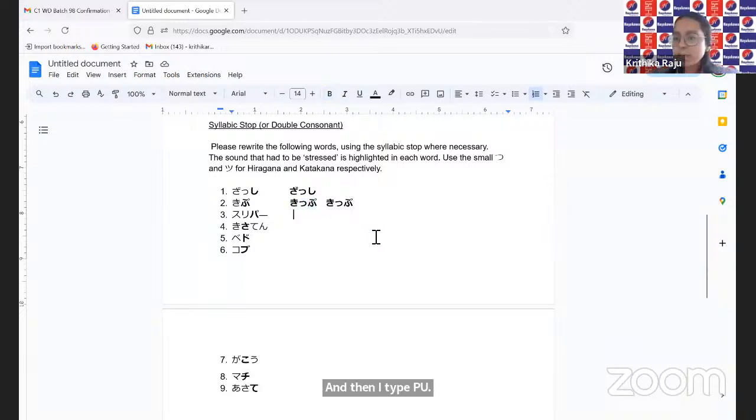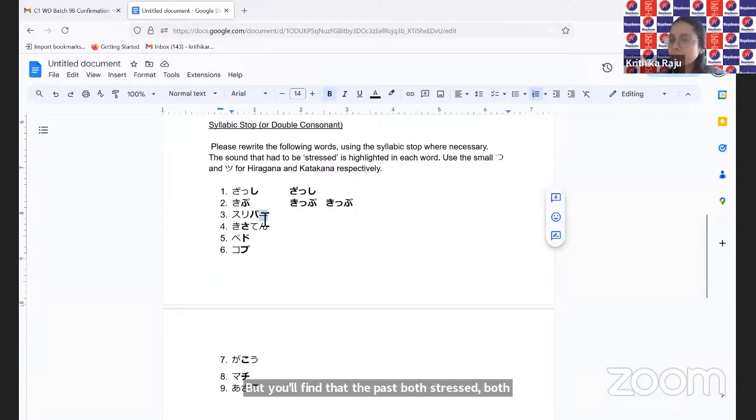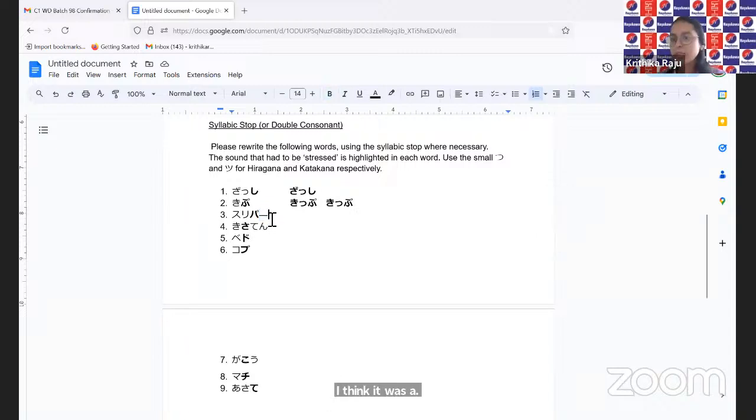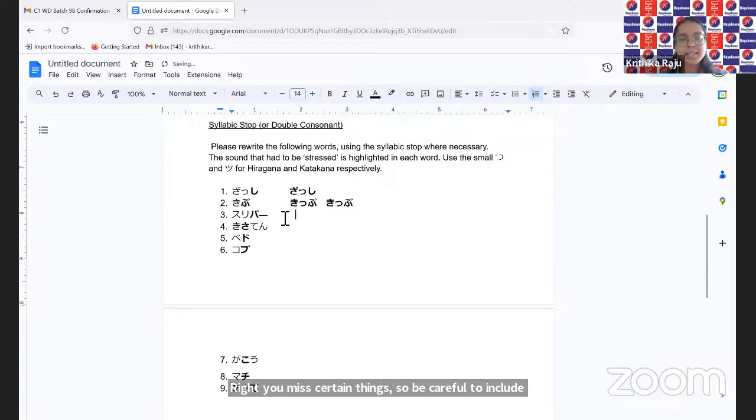The next word is sripa. Sripa. You will find that the pa is both stressed, emphasized, and elongated. Most of you had left out the elongation after the pa. I think it was a small error, right? You missed certain things. So be careful to include that. Elongation is also important to that sound, as much as emphasizing it is.